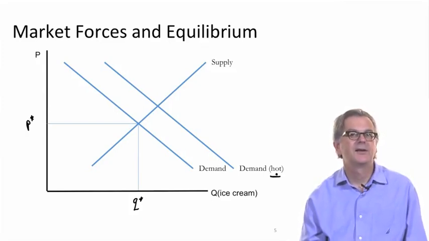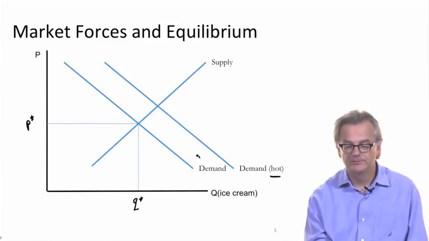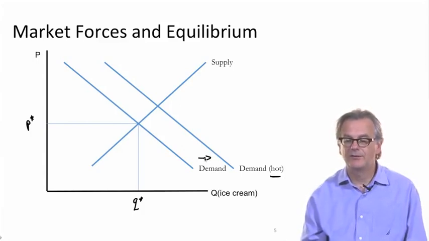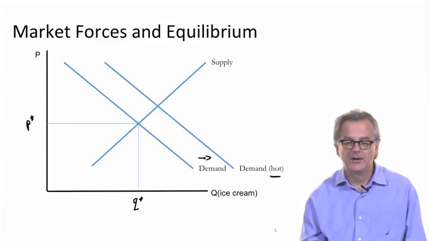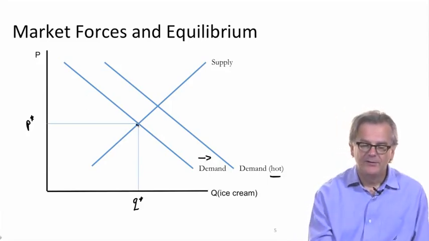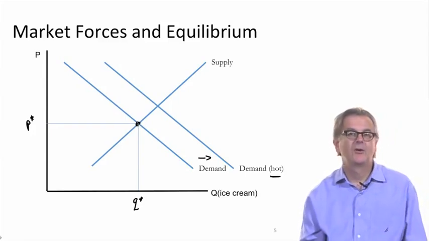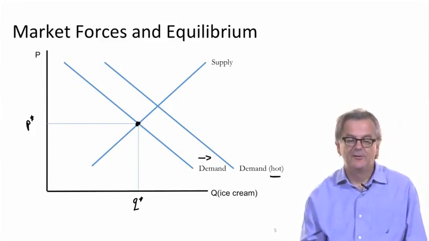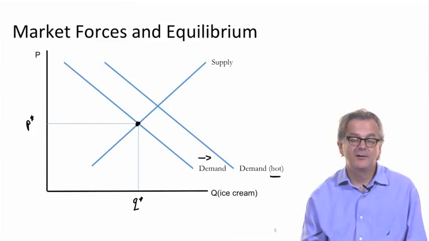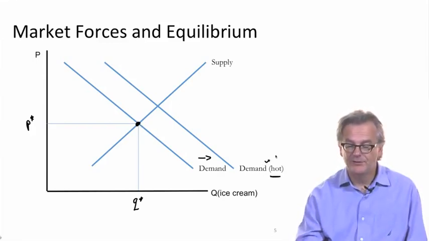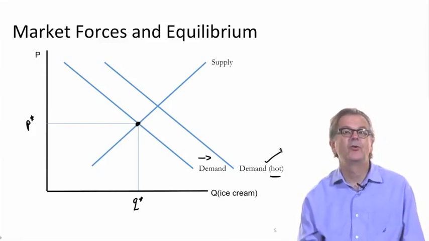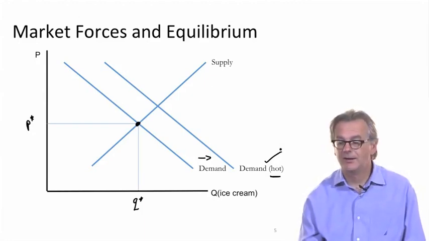The price needn't have changed, but simply because the weather is warmer, we would expect that the demand curve for ice cream would shift to the right. What that means in terms of this analysis is the original equilibrium is no longer an equilibrium, because that original demand curve is no longer the relevant demand curve. What matters for the market now is this new hot day demand curve.